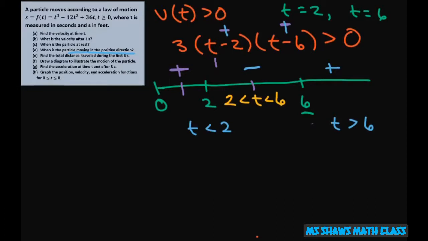All right, now we're going to find the total distance, and we need to remember these here. So I'll have to go back. Find the total distance traveled during the first 8 seconds. So what we're going to do is use our intervals from 0 to 2, 2 to 6.